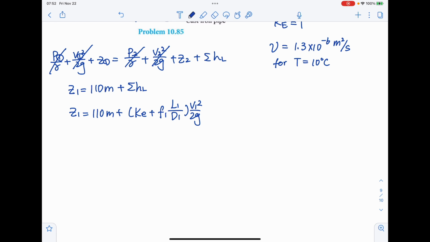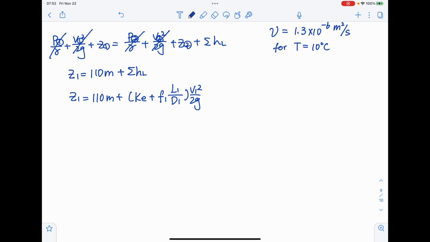Should be easier to recognize the difference of 1 and 2's. And for the second pipe, we'll have KC plus KE plus f2 times L2 over D2, V2 squared over 2g. Okay.